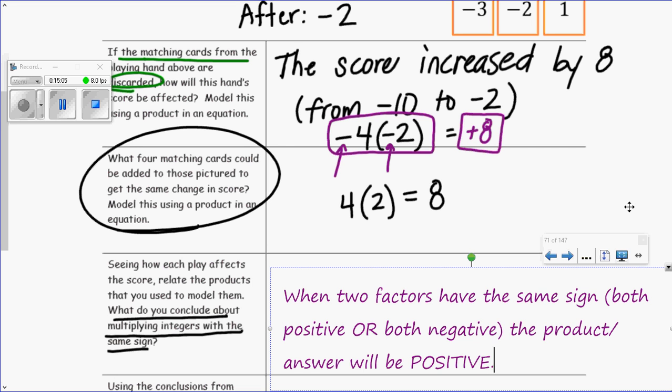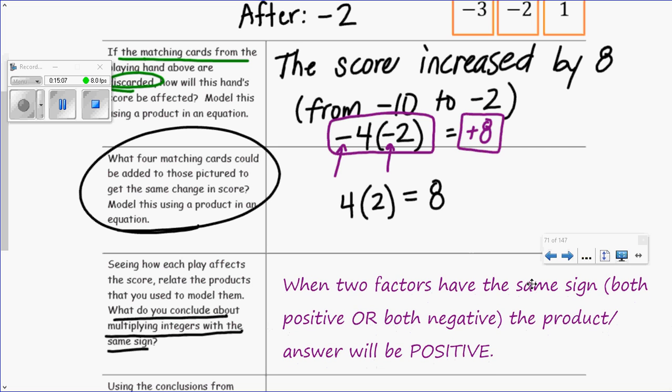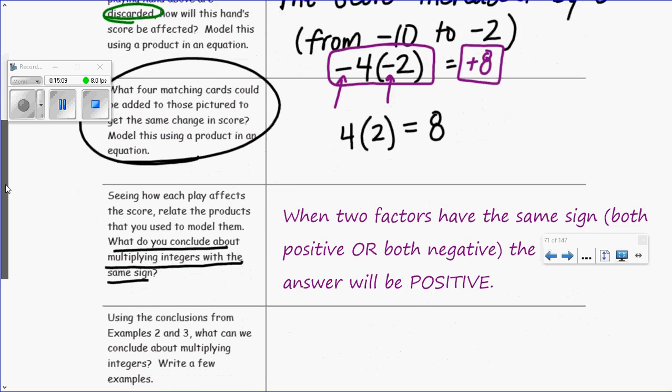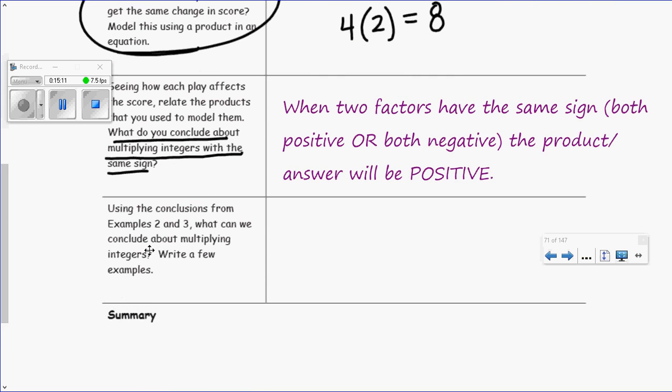Hopefully that gives you a hint as to the answer for our final question, which is what can we conclude about multiplying integers in general. We can draw an arrow: this is when we have two factors that have the same sign.